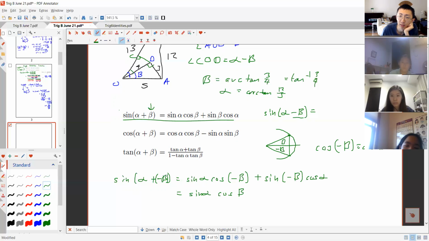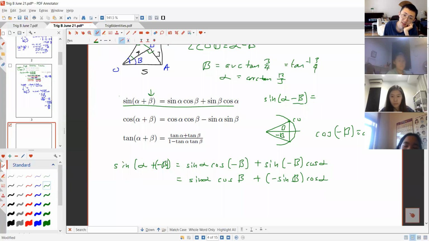And then what's sine of negative beta? Negative sine beta. So it looks exactly the same, except instead of a plus sign, there's a minus sign. So it's pretty easy to remember. If you can remember the addition formulas, you just switch the signs for this subtraction formula.